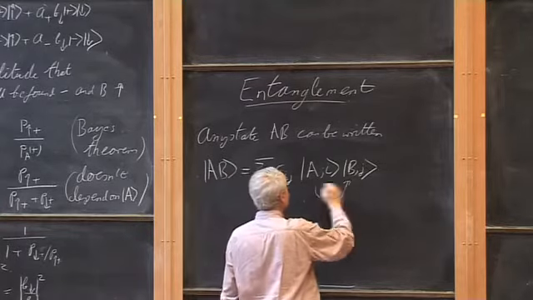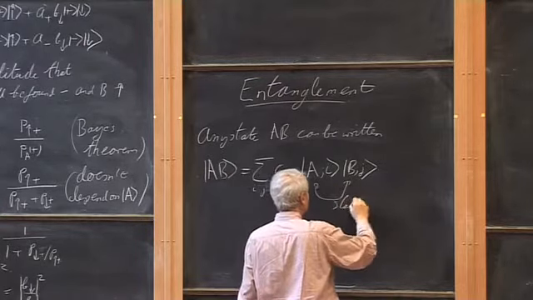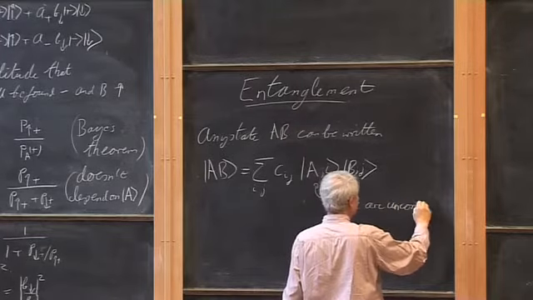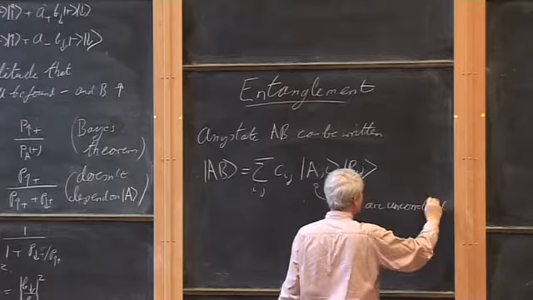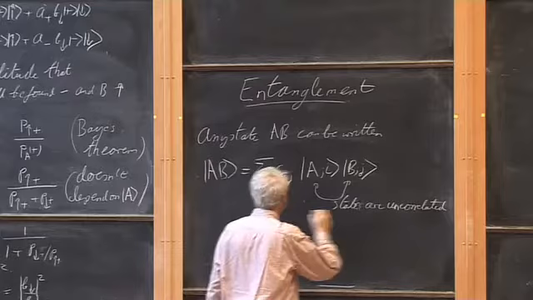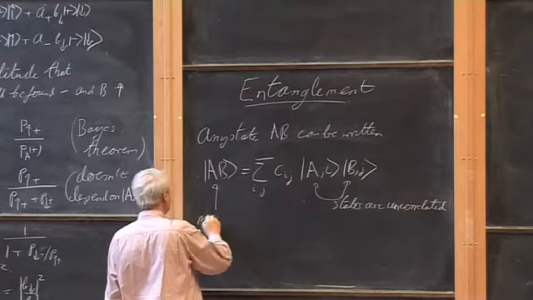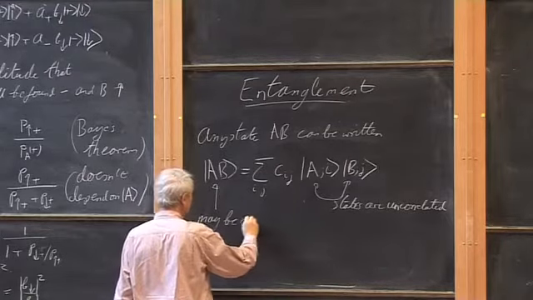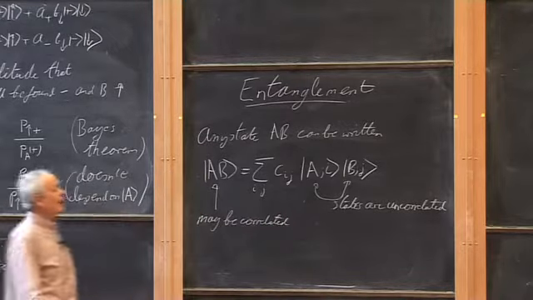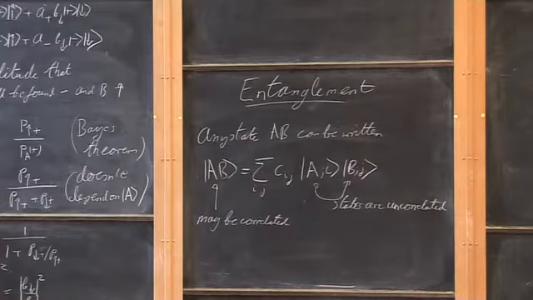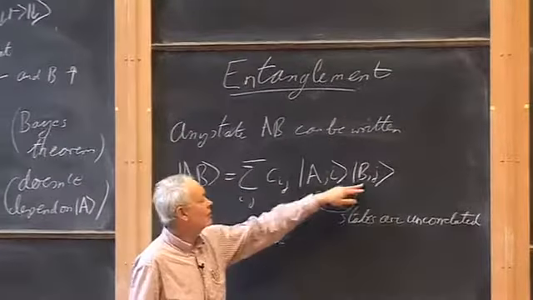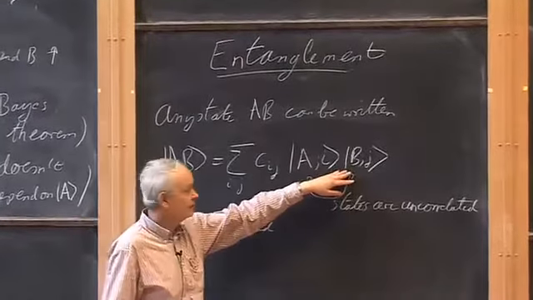These states describe uncorrelated states in which the two subsystems are uncorrelated. But this may be correlated, probably is correlated. So the way quantum mechanics introduces correlations between subsystems is by taking linear combinations of uncorrelated states.